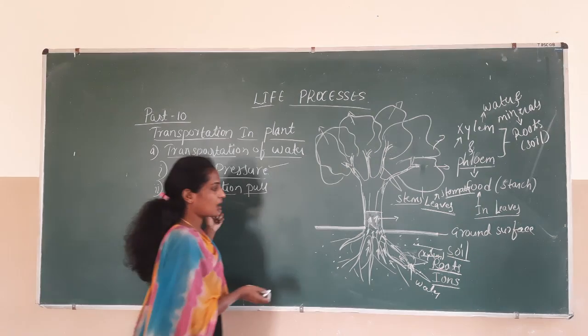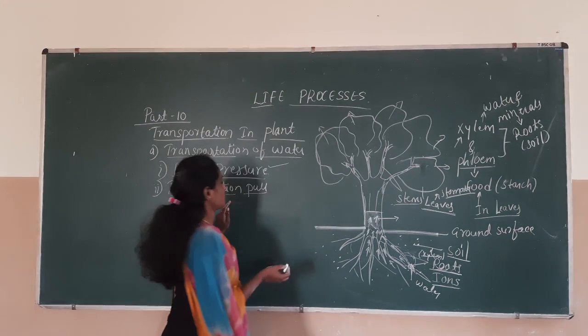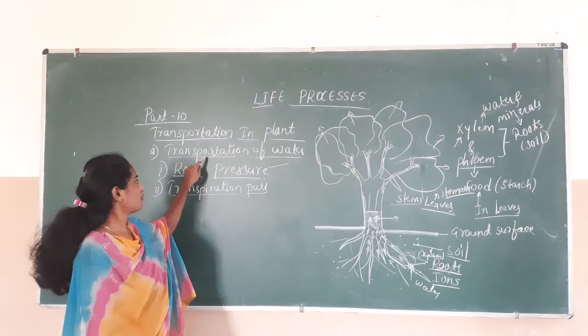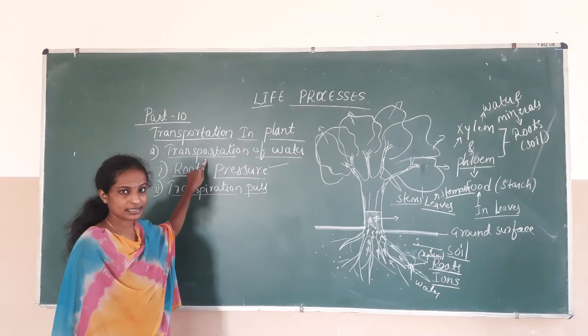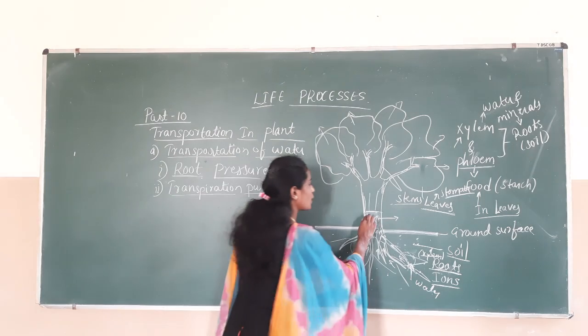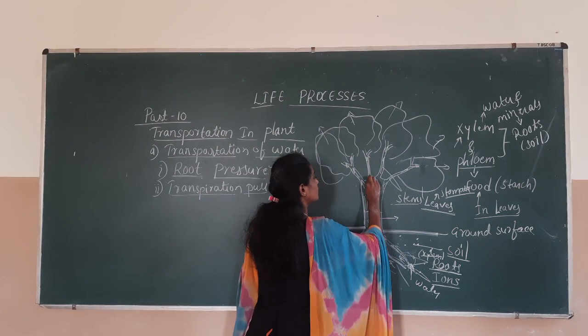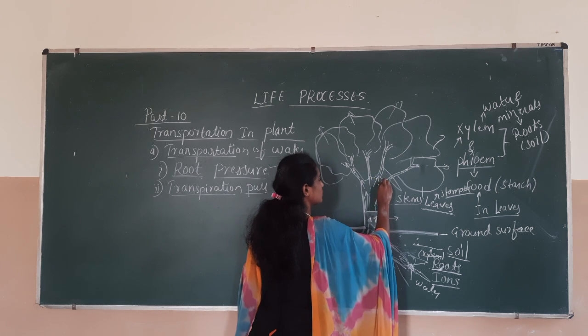So this is how root pressure as well as transpiration pull perform the transportation of water in the plants.